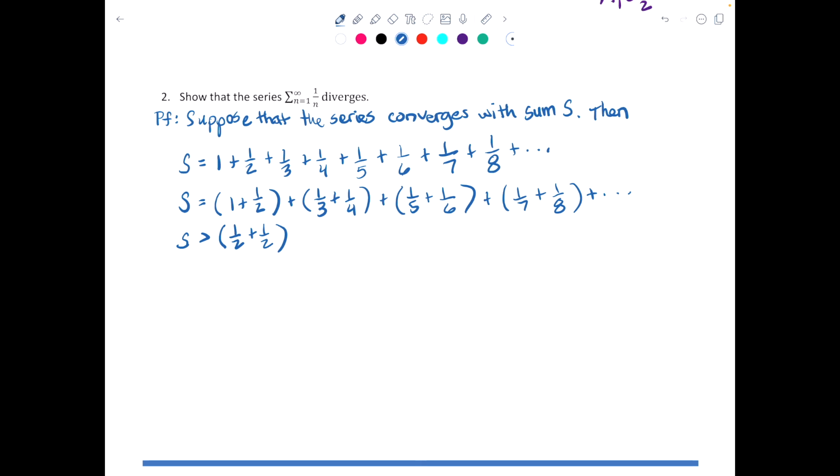Cool. And then for the second one, we're going to take that second part of the grouping and just say a fourth plus a fourth plus a sixth plus a sixth. As the denominator gets larger, the fraction decreases, right? So basically, these are all smaller than the line before.